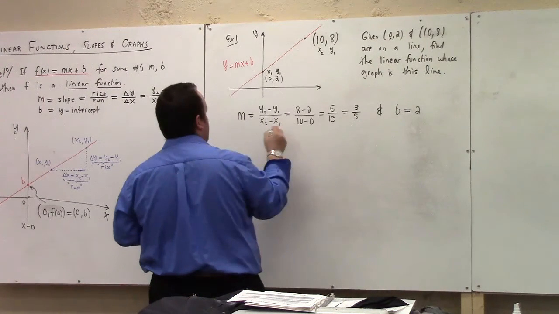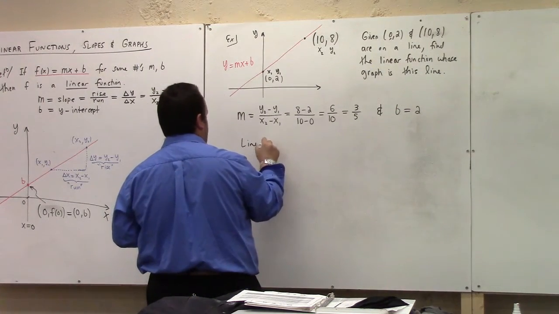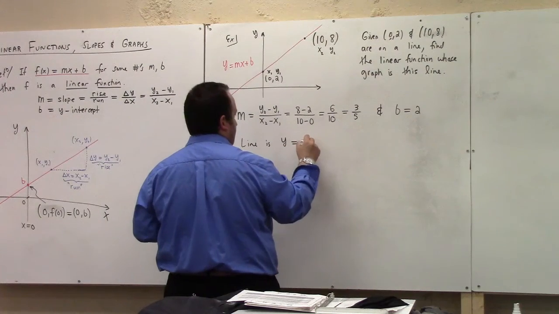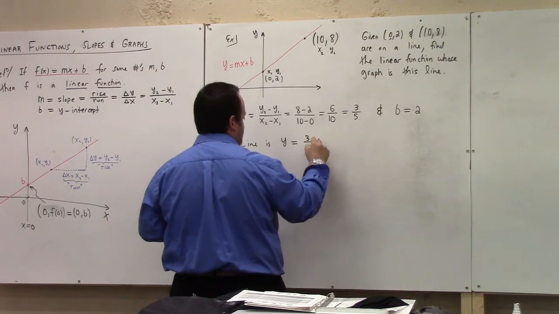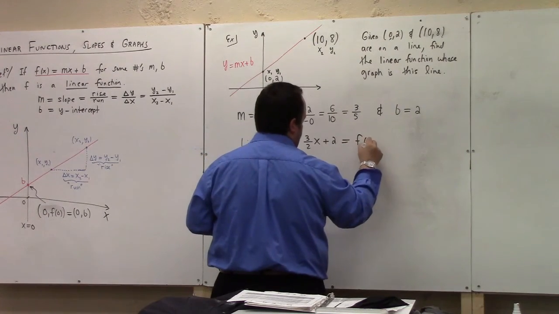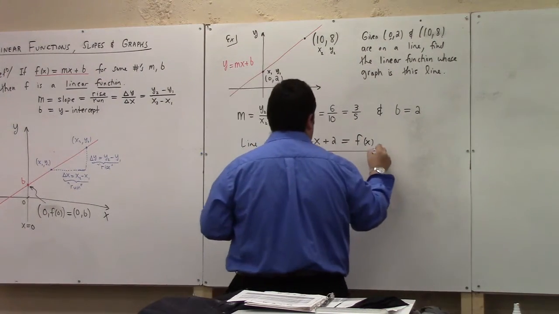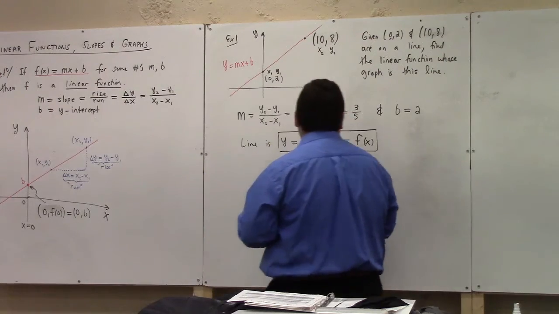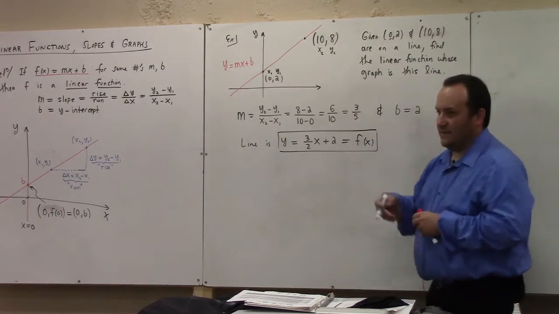So, the line is y equals 3/5 x plus 2, right? That equal to f of x. I mean, this defines the linear function which has that line as a graph.